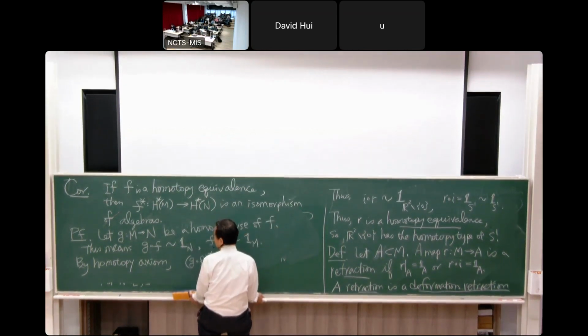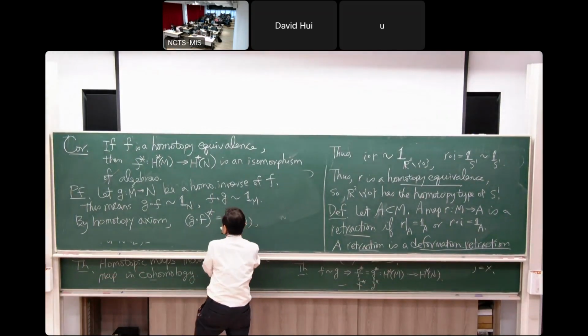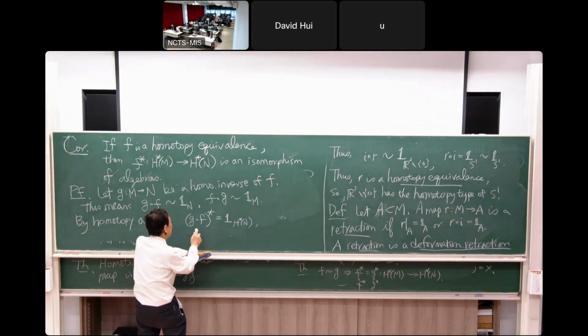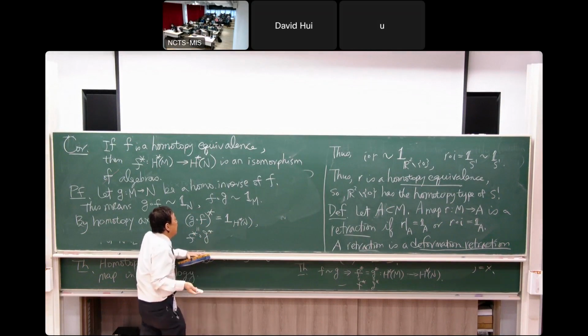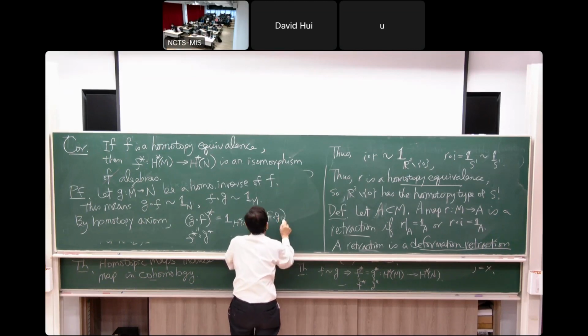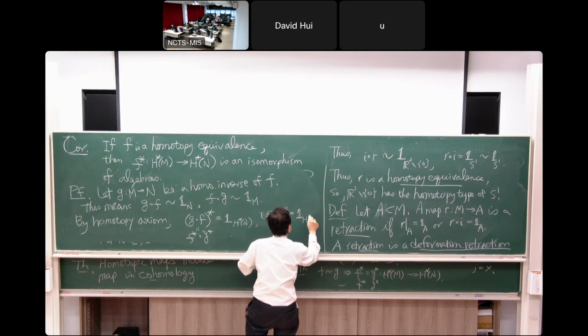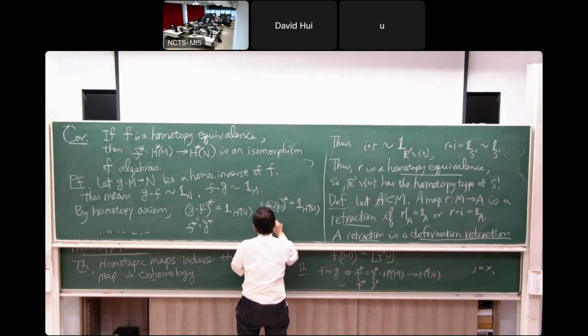So by the homotopy axiom, you get this, and this is the same as F star composed with G star. And you have it in the other direction too: F star composed with G star is the identity on the cohomology of M, and this is G star composed with F star.